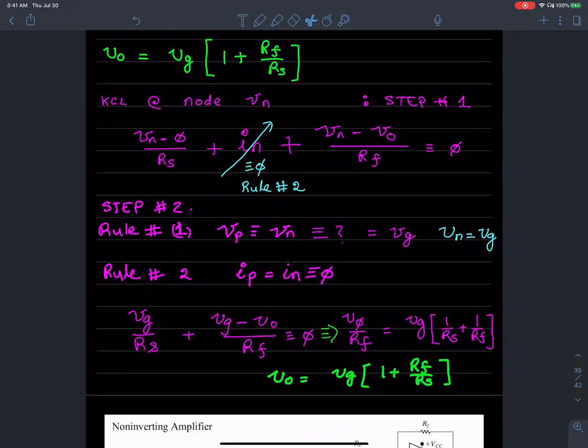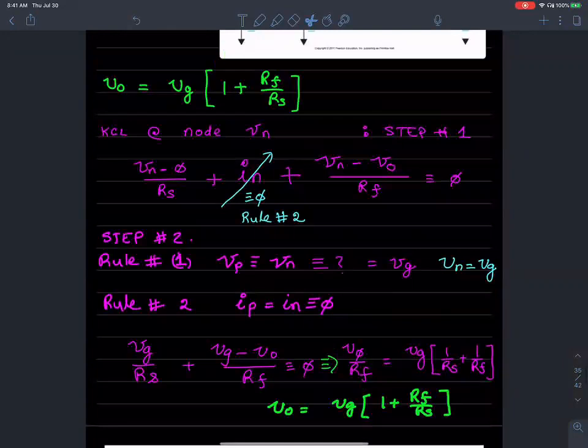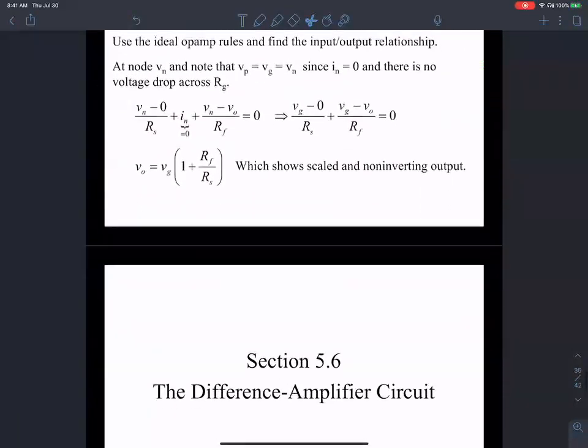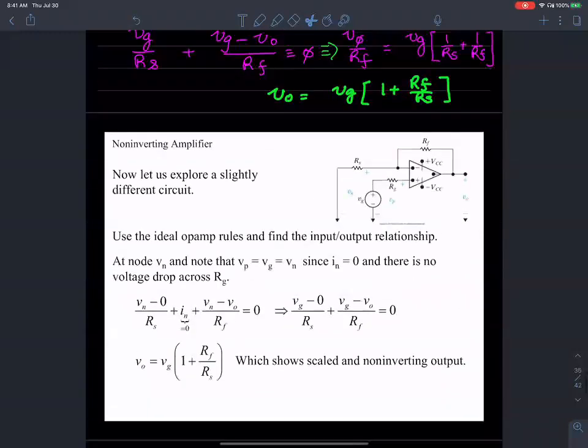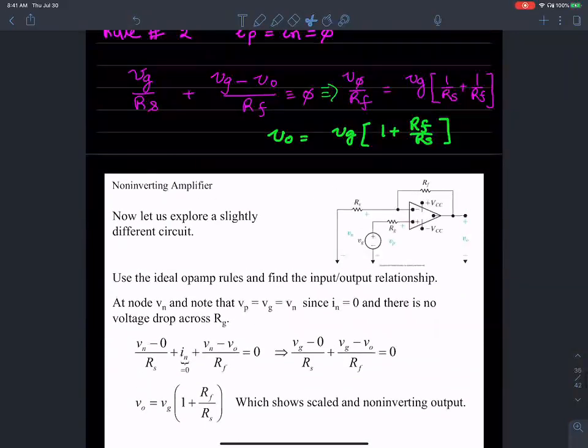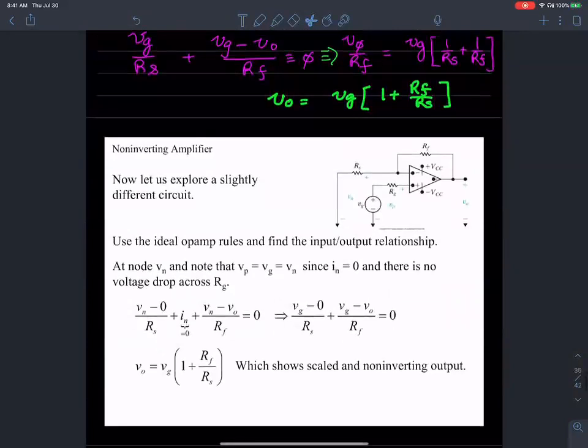The output VO is input VG multiplied by some gain. I think there is an example problem here where we put some numbers. Maybe there is not. That's not a problem. Questions, please. All we are doing in this class is to apply analysis and the rules that we saw in the last class to derive the results that we saw in the last class. Does that make sense?